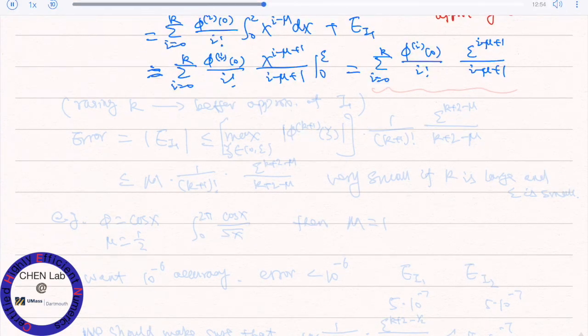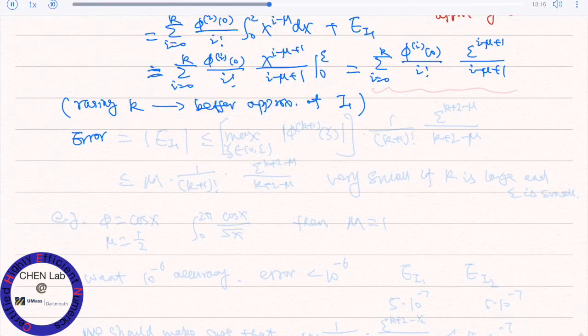So if you're raising k, this will lead to a better approximation of I1.